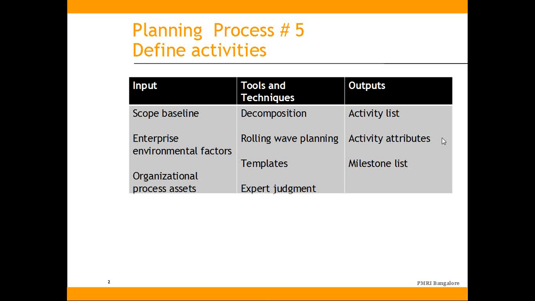And now you get into defining the activities. That means those work packages are decomposed further into activities. So again, the input side, if you see, you have the scope baseline, enterprise environmental factors, and organizational process assets.